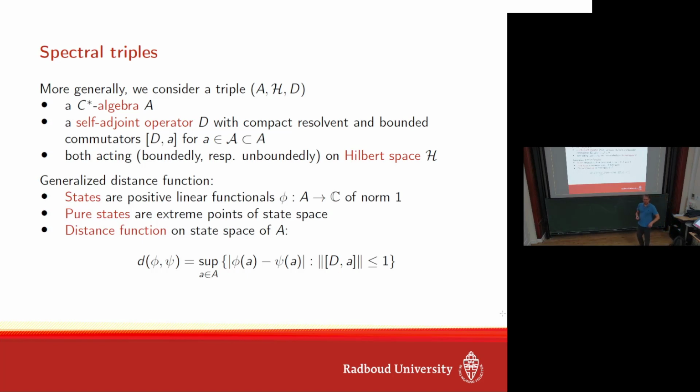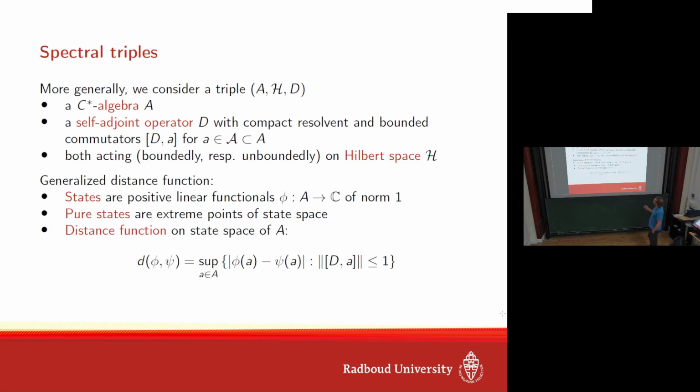The pure states, the extreme points of this compact set of states, correspond to the points I had before, evaluation at x and at y, using the formula on the previous slide. So I get a distance function on the state space of A.